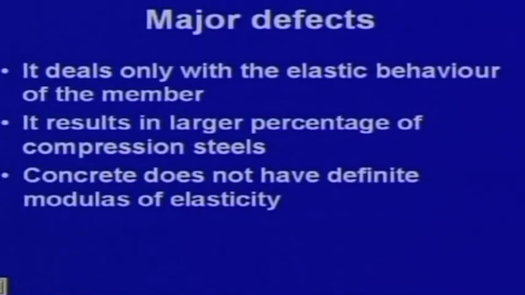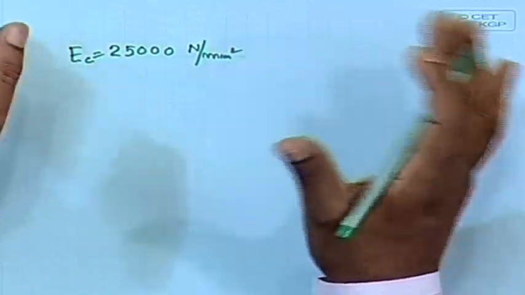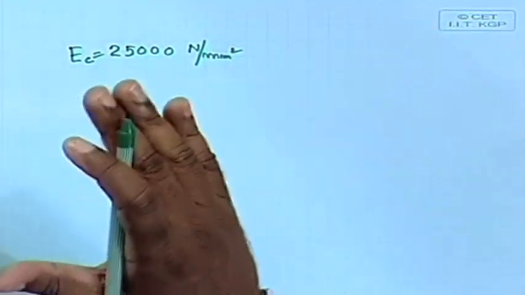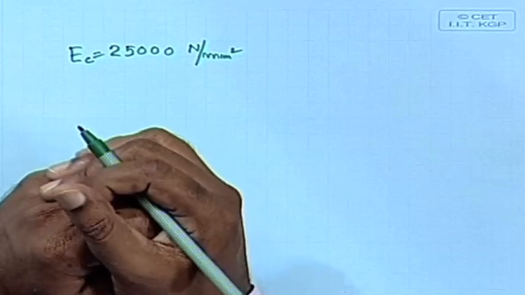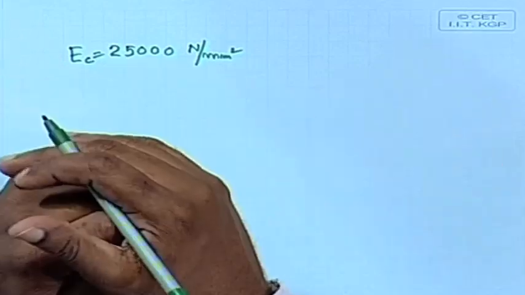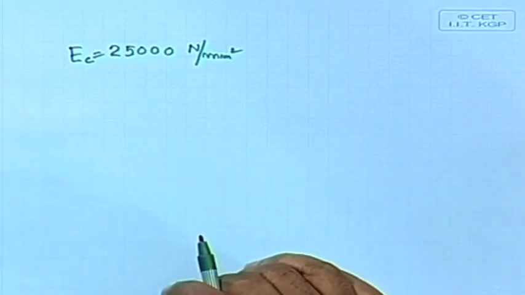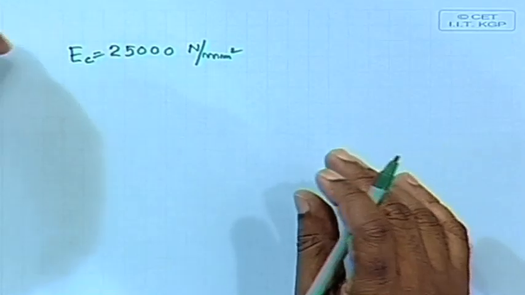It is dependent on the cube strength. For different cubes you will have different values, but approximately I can say 25,000, 22,000. Those values we shall come to. There is a definite formula, 5700 root over fck, that we shall come back to. So, that way also we can compute what our code says. For the time being I am not telling that.